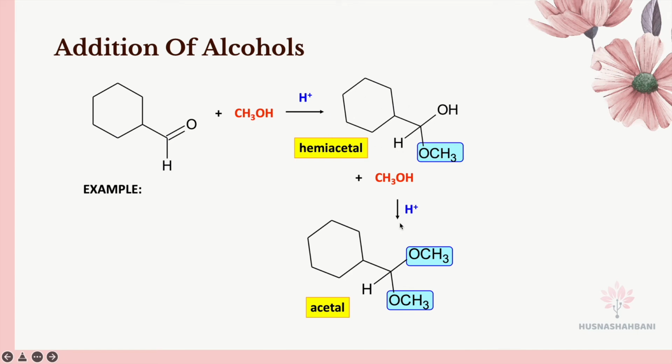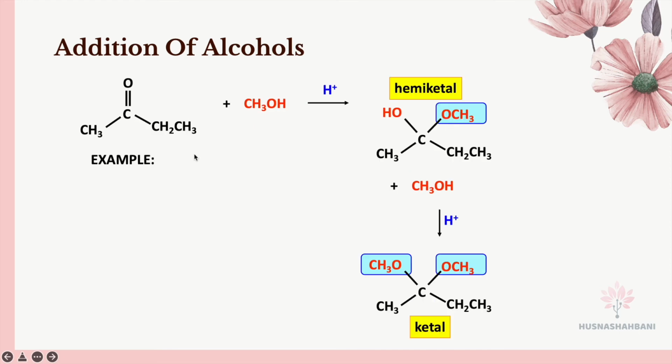Hemiacetal means before further reaction, you still have the OH group. After that, further reaction with the methanol and the acid. So it will form acetal, both OR, OR. Our R is CH3. Acetal because the initial reactant is aldehyde.